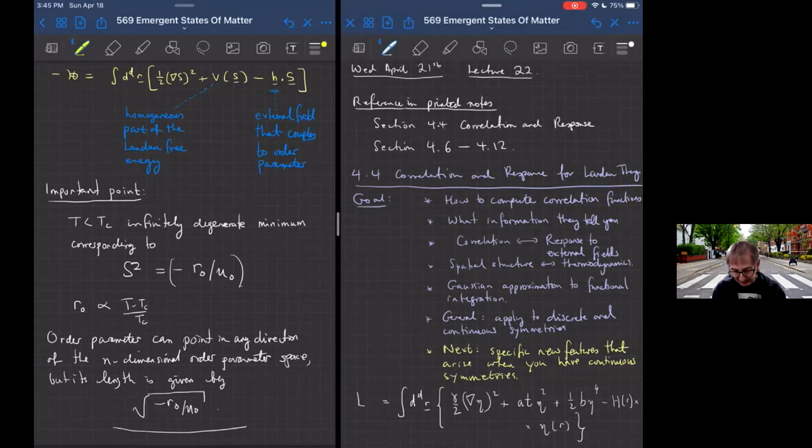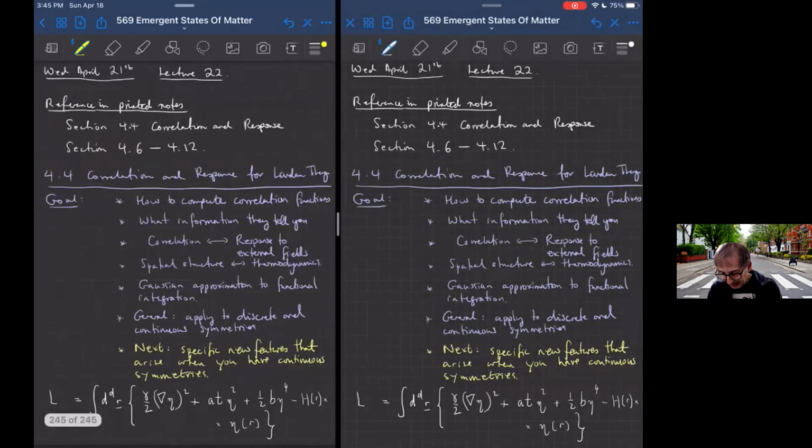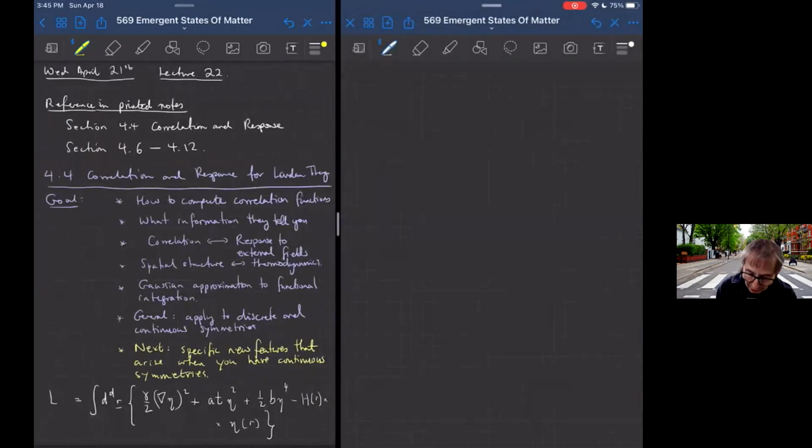So that's my free energy, and H is meant to be some external field. T is meant to be T minus Tc over Tc.